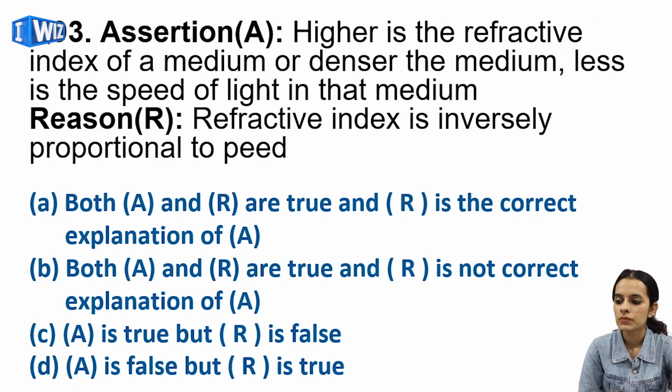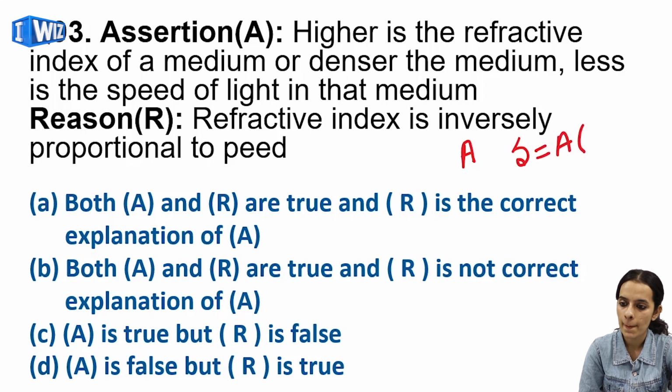Next, higher is the refractive index of a medium, or denser the medium, less is the speed of light in that medium. We know that the more the refractive index, delta is equal to A(mu minus 1).